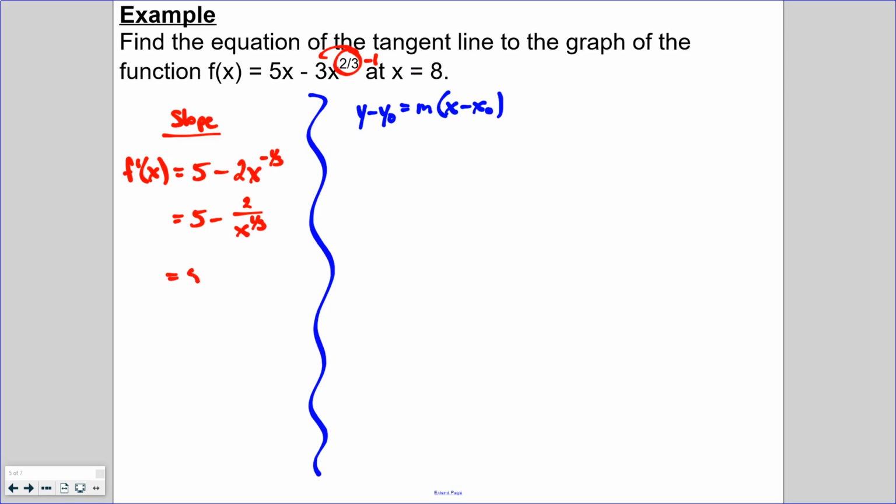So let's change that 1/3 power back into a radical, which means our derivative will be 5 minus 2 over the cube root of x. And then from here we can substitute in the 8 for x, giving us 5 minus 2 over the cube root of 8. Well, the cube root of 8 is going to be 2. 2 divided by 2 is going to be 1, and 5 minus 1 is going to be 4. So we know our slope is going to be 4.